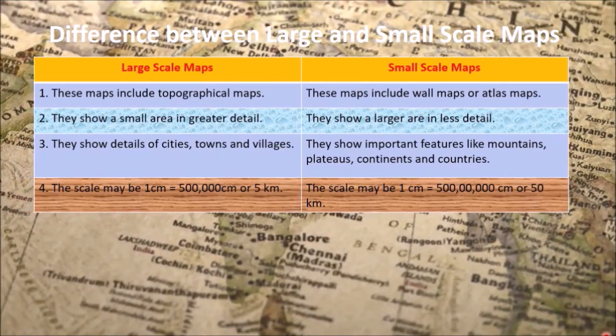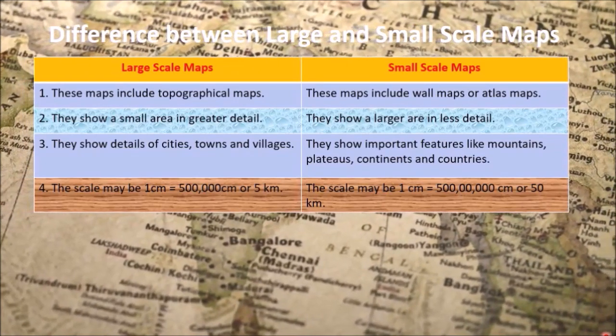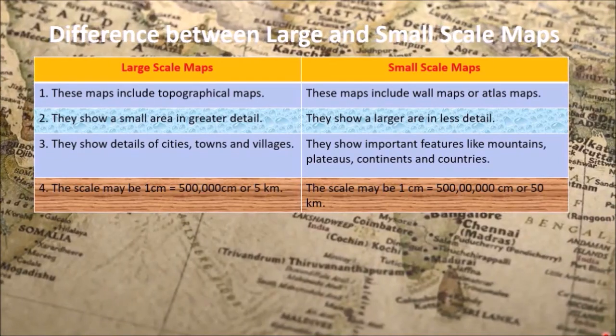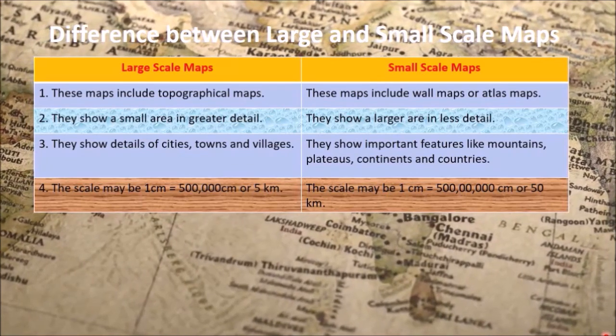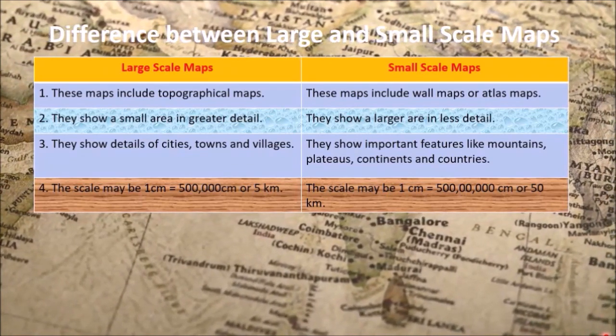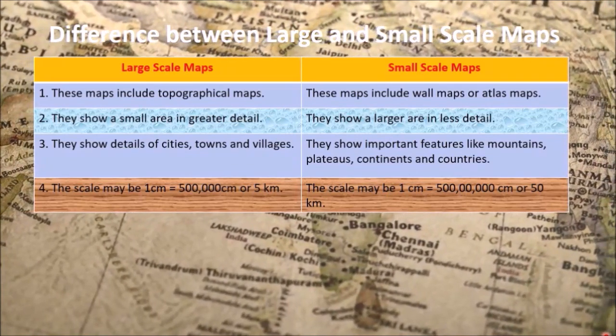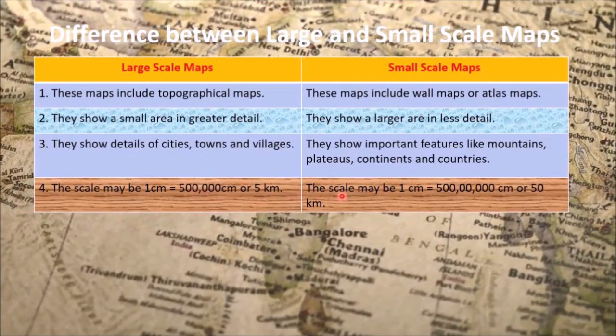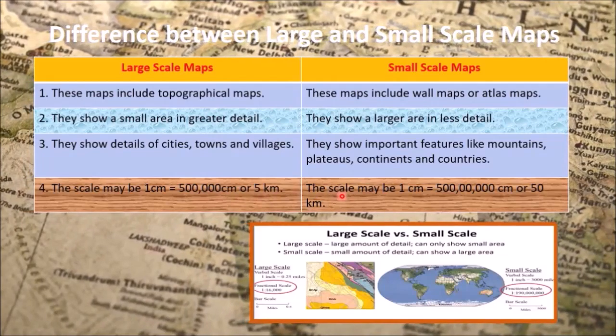Large scale maps show details of cities, towns, and villages. Small scale maps show important features like mountains, plateaus, continents, and countries. The scales of the map also vary.